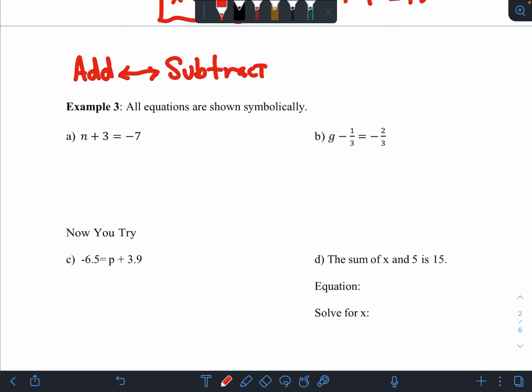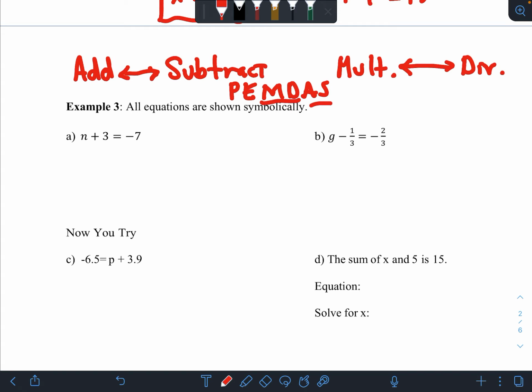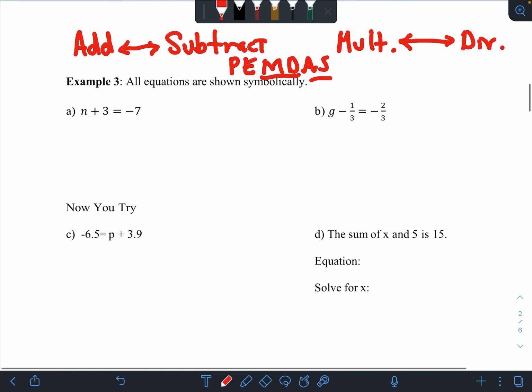When there was multiplication, to undo it, we do division, and this goes both ways. Just like when we did PEMDAS before, please excuse my dear Aunt Sally, adding and subtracting are always grouped together. Multiplication and division are always grouped together. So now you just have to figure out what has been done to your variable and how do I undo what's been done to my variable?